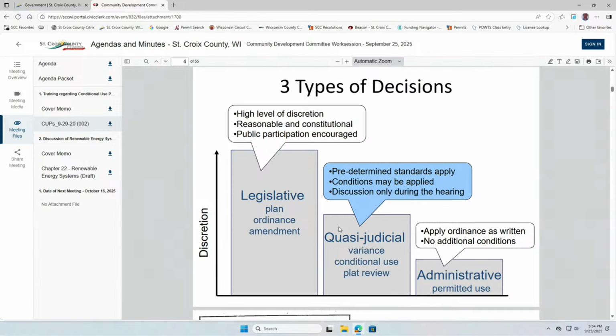That is where there's a public hearing and a little bit more due process. And the one over on the right here is administrative, which is where our staff are. These are the permitted uses allowed within that zoning category. If they meet the performance standards or requirements in the ordinance, we can just issue the permit and be done with it. There's no public hearing.